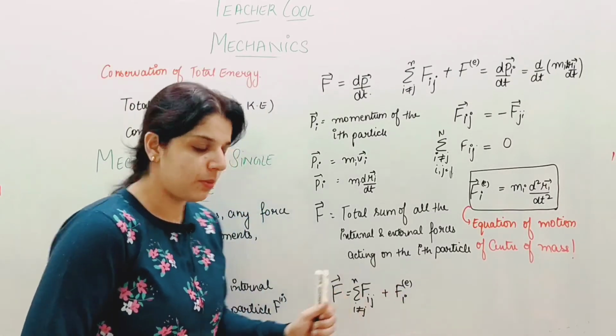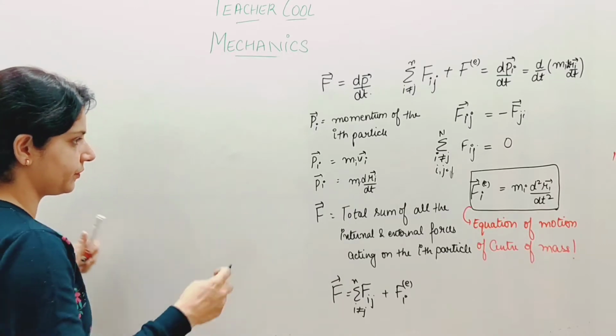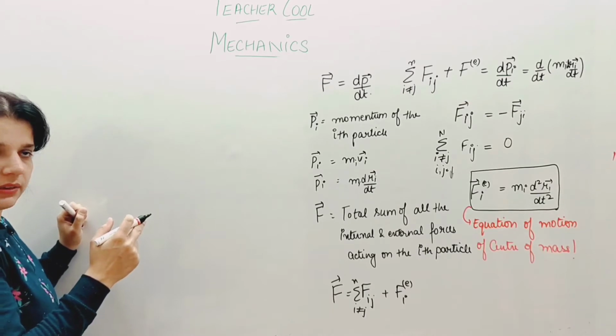From this equation, if I move forward, m is anyway a constant, so I can take the double derivative outside.